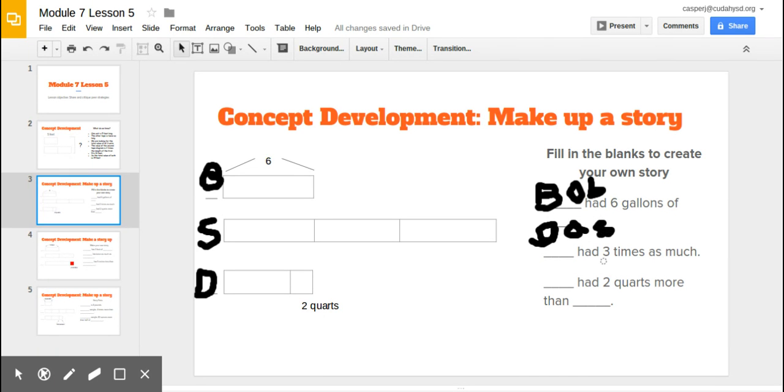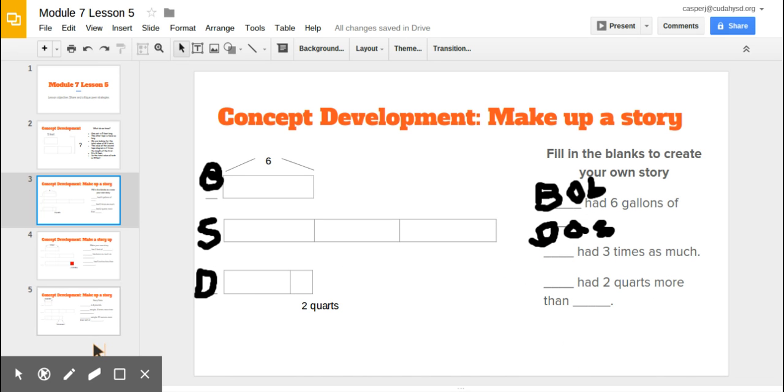And we know that my friend Sam had 3 times as much as Bob. And Dan had 2 quarts more than Bob. And if my pen worked better, I would fill that in.